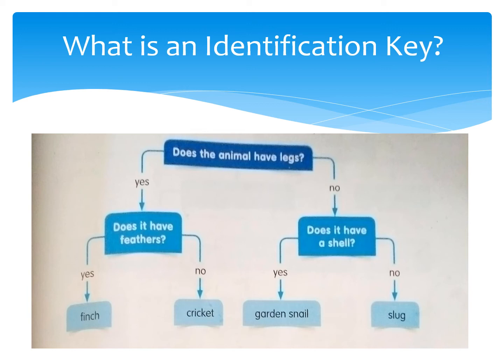Here, identification key means the key that is given as an example on your slide to identify the animal, which category the animal belongs to. This key is an example of an identification key. We can use an identification key to help us identify of which kind or category the animal is.